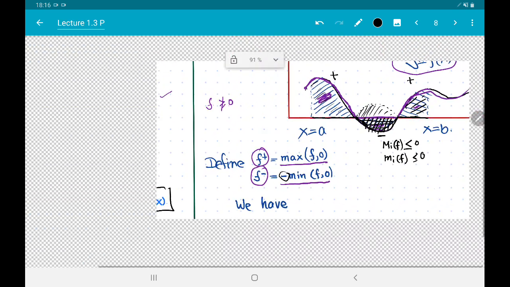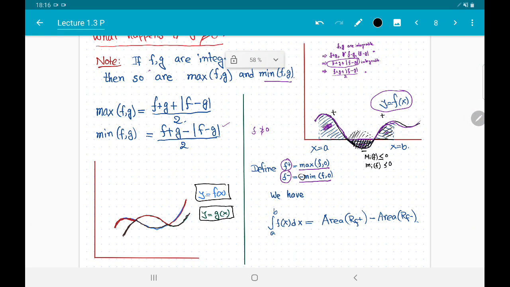So as we can see, the integral of f(x) dx will be equal to the area of R_f plus, which is this region union this region, minus the area of R_f minus, which is this region. So how is the integral calculated? It is the area of this plus the area of this minus the area of this, which matches our intuitions.